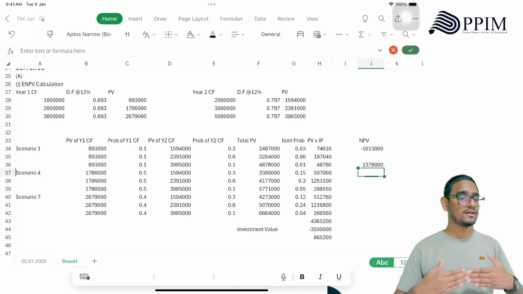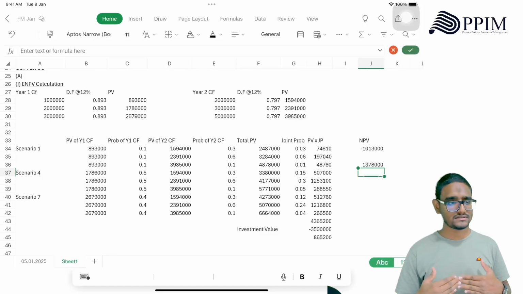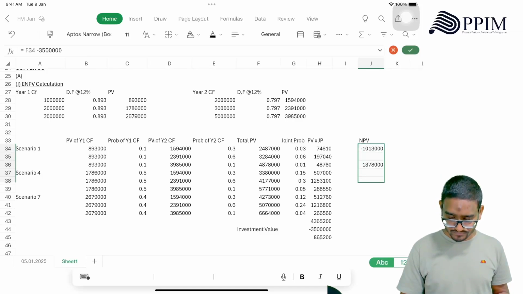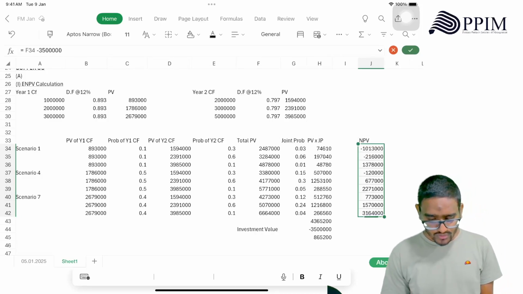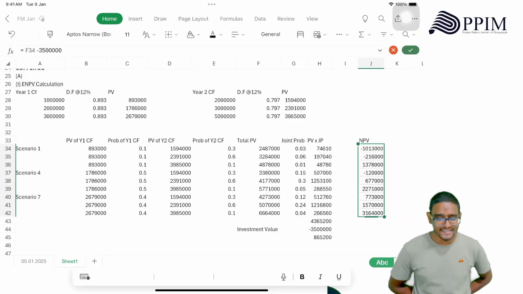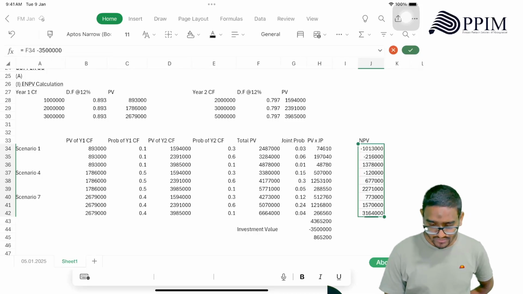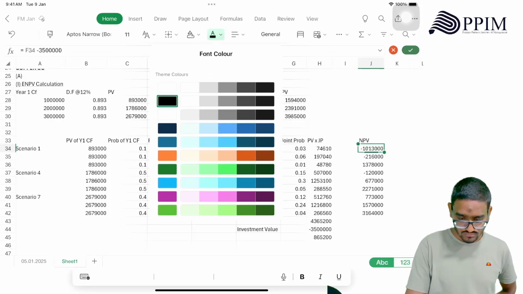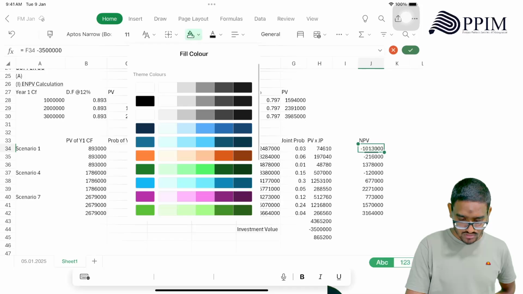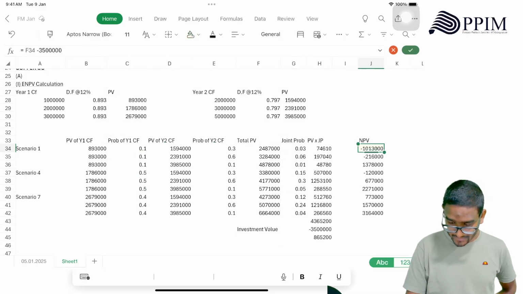This is assuming a particular scenario happens. That's the beauty of this. You can figure out that there are 3 scenarios, scenario 1, scenario 2, and scenario 4, that give you a negative NPV. Let's assume this is highlighted in red for the moment.